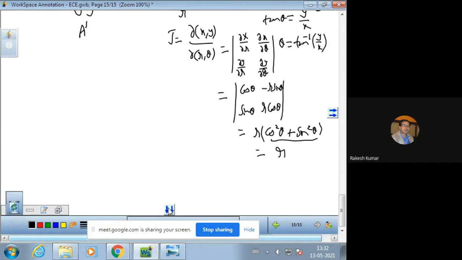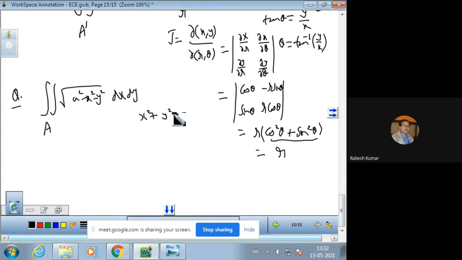So evaluate the double integral over the region A, that is a square minus x square minus y square dx dy over the region bounded by the semicircle x square plus y square is equal to ax, lying in the first quadrant.